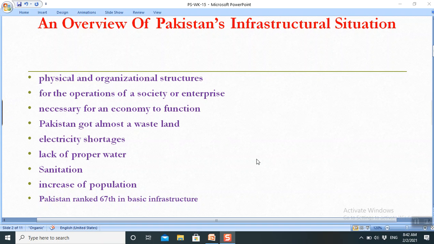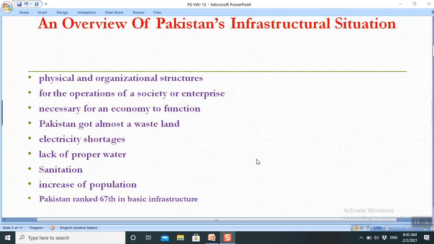But after a precise time, the British realized the need of developing infrastructure in the subcontinent. You find, like, they introduced a government management system, bureaucracy, legal system, and many others.